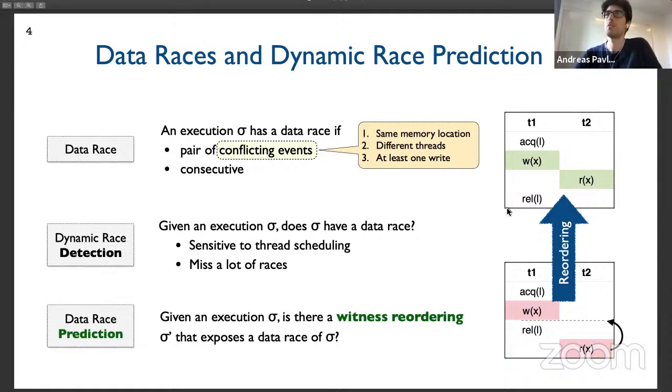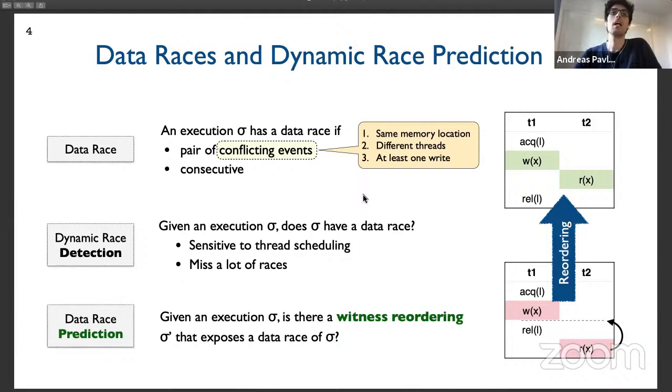Perhaps the figure is more informative. On the right, we have 2 threads operating concurrently, accessing the same shared variable x at the same time, and one of them is modifying it. So this is a data race. There are many reasons why you don't want this to happen in your program, so there's a lot of effort into detecting this automatically.